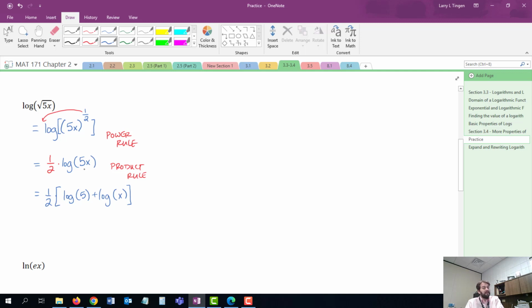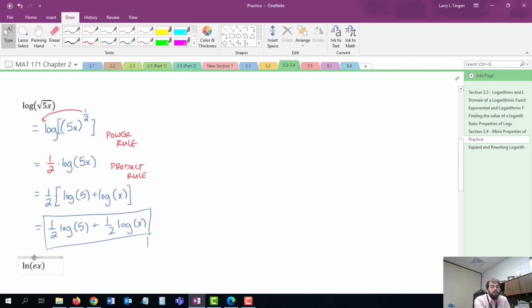So 1/2 times log of 5x has to be the same thing as 1/2 times log of 5 plus 1/2 times log of x. So my final answer is going to look like this. 1/2 log 5 plus 1/2 log x. Can I do anything else? There's no multiplication, division, or powers left inside the logs, so I'm done.